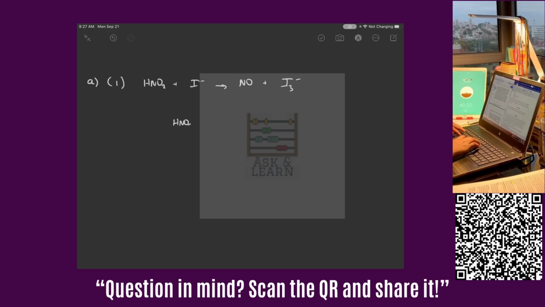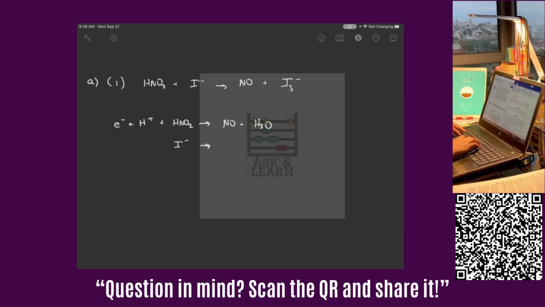We get HNO2 to NO. Balance the oxygen, let's balance the hydrogen, and balance the charge by adding one electron here.